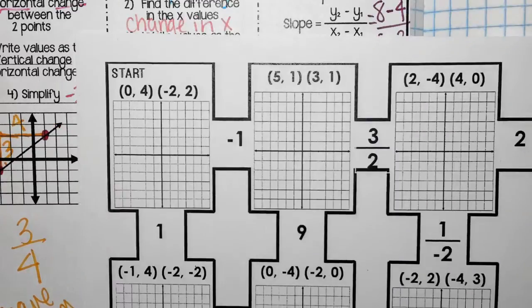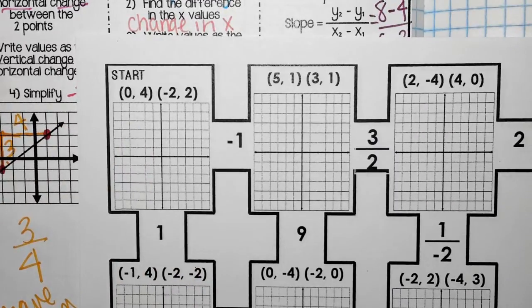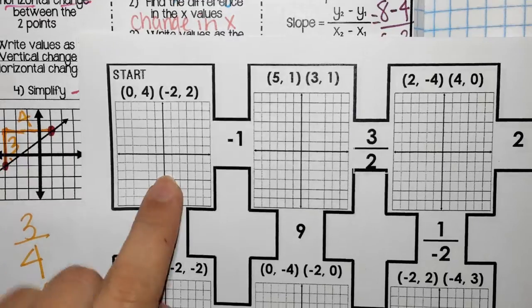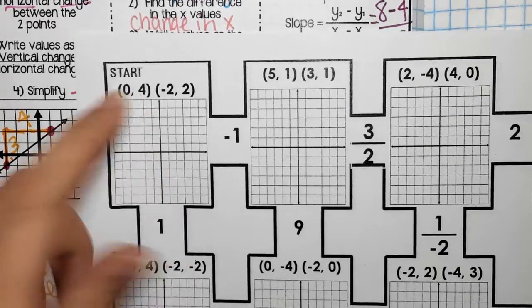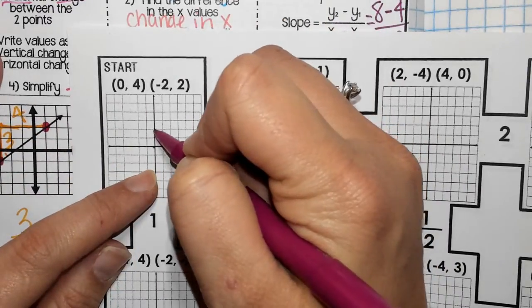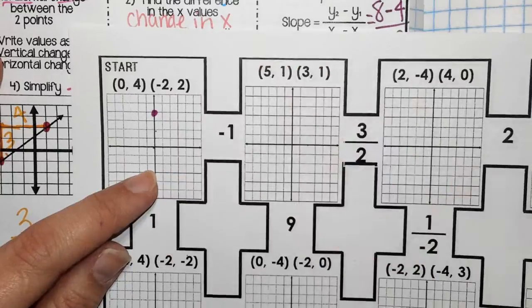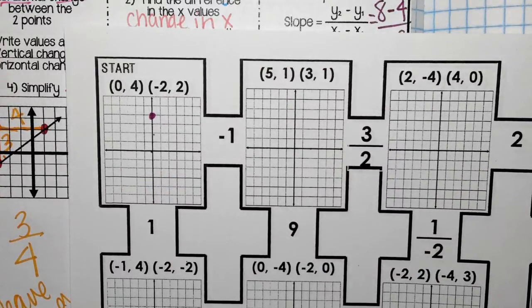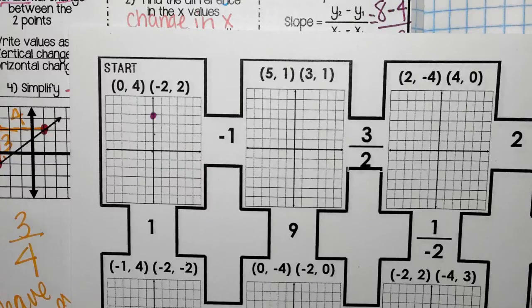Alright, so does everybody see where it says start? Yes. Okay, so what we're going to do is you can do this 2 ways. I want you to plot the points. So let's plot 0, 4. That means that we need to go up 1, 2, 3, 4, put a dot. Honey, we have a 0, so we can't go left or right.